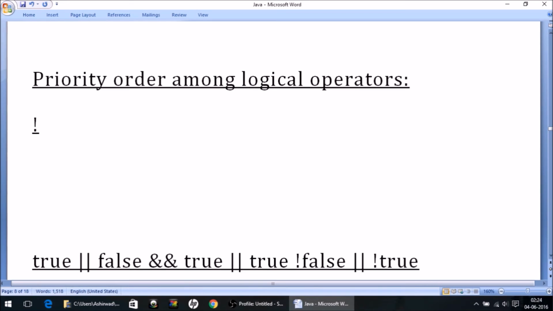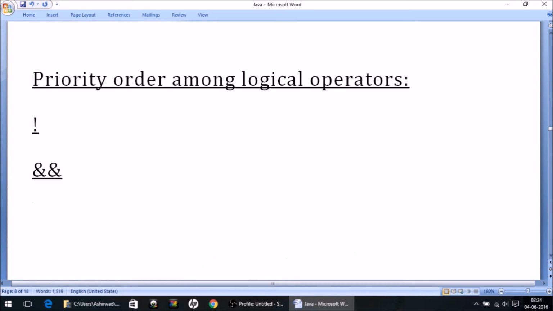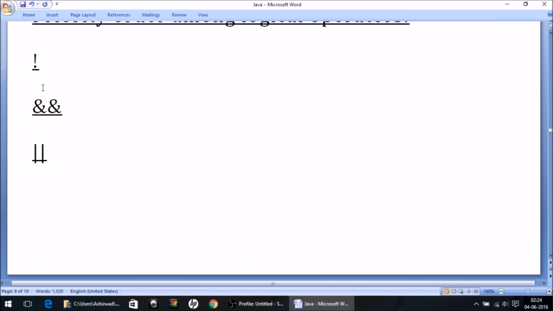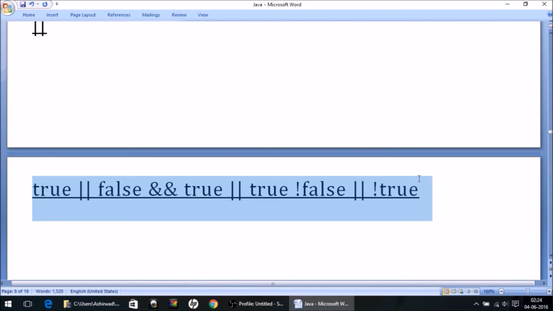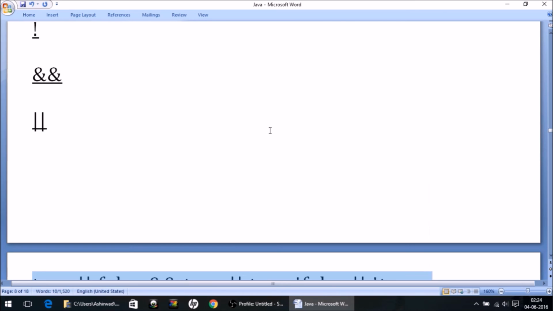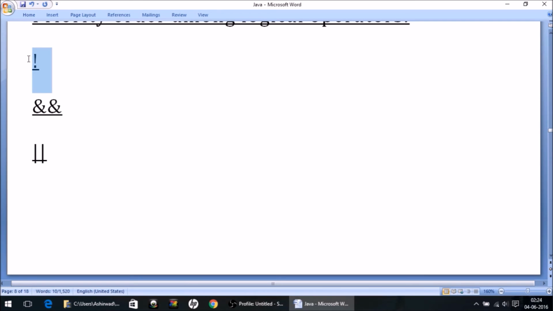Then comes the AND operator, and then at the last we have the OR operator. Do remember this order, guys, because often we get confused in this type of statements. So this is the priority order.